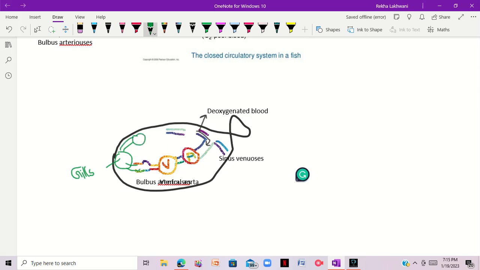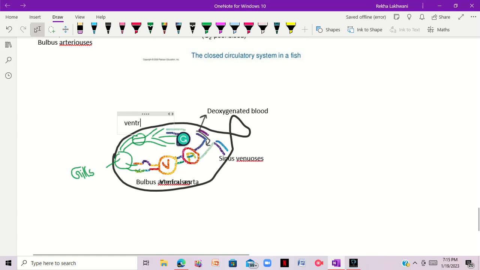Here we have this aorta, and then from the aorta it will divide into the arteries and go to the body parts. This is basically the ventral side. This is obviously the dorsal side. So here the dorsal aorta is present right over here.